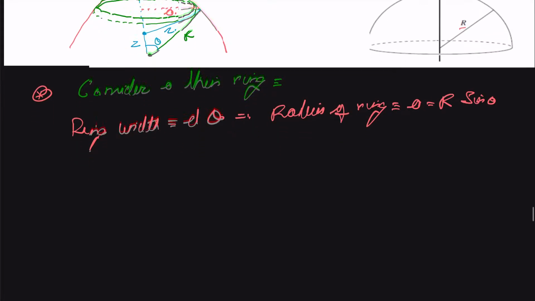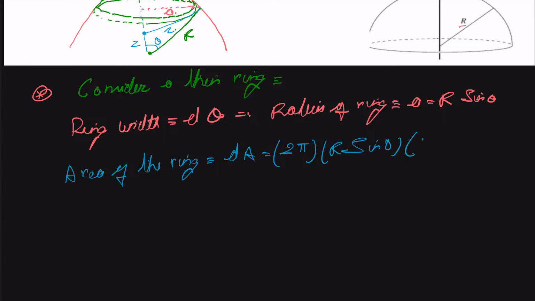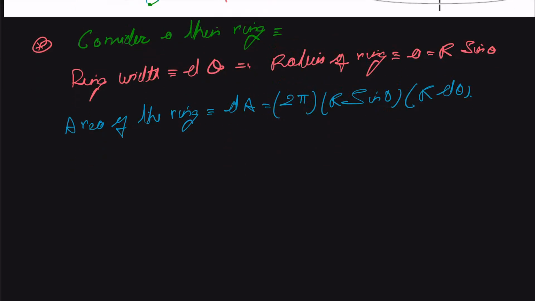And from here we can easily find the area of the ring. Let us suppose the area is dA, and dA will be equal to 2 pi r sine of theta, multiplied by r d theta. Now from here we can find the charge on the ring.